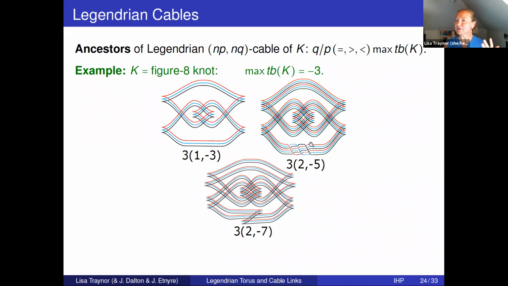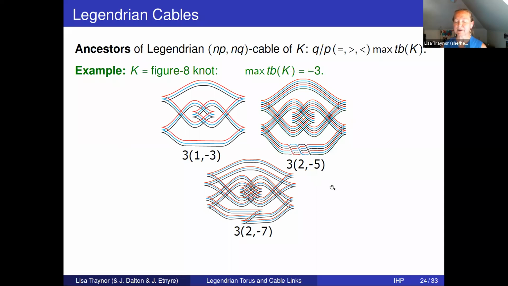The shapes that you get for the ancestors depend a lot on whether the slope is equal to, greater than, or less than the max TB. For the figure 8 knot, the max TB is -3. If I look at the slope -3, I just get the n copy of the figure 8.